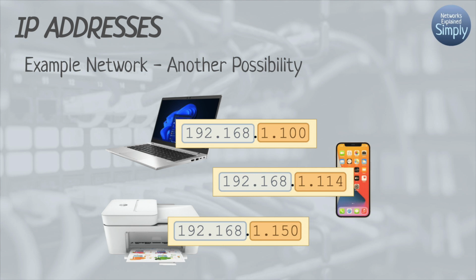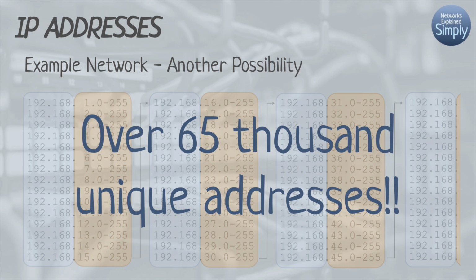But another possibility is that only the first 2 numbers represent the network, which would mean that the last 2 together represent the host. Notice that if this were the case, the number of available IP addresses on the network would be much larger, because there are so many unique combinations that can be made with 2 numbers.